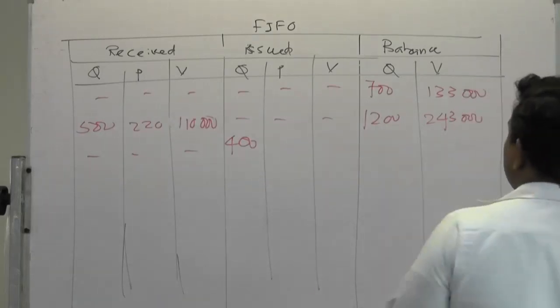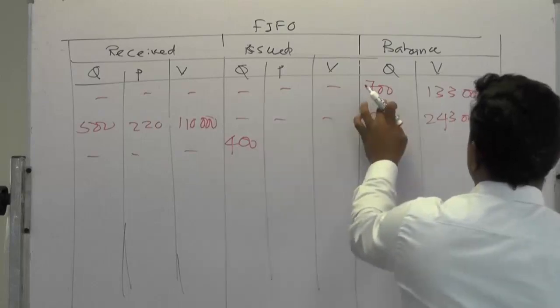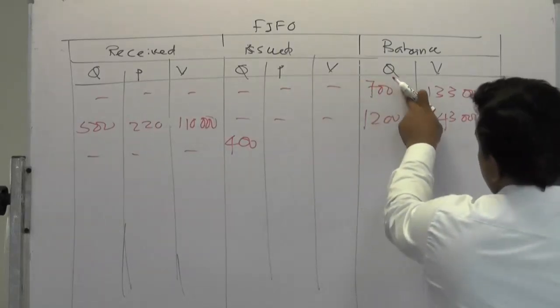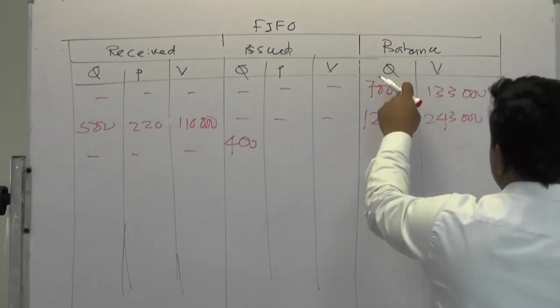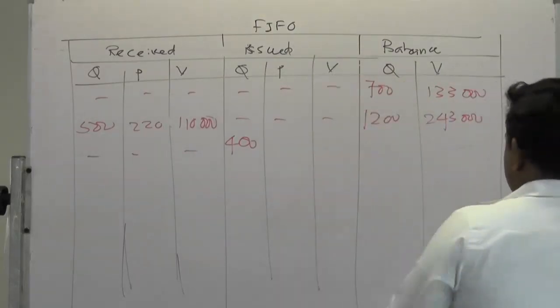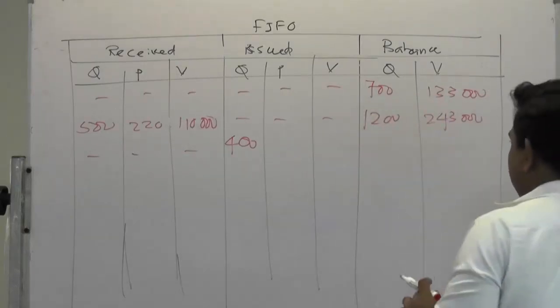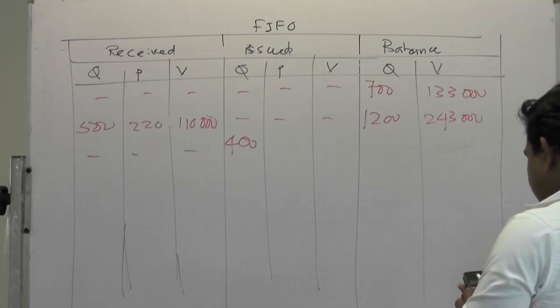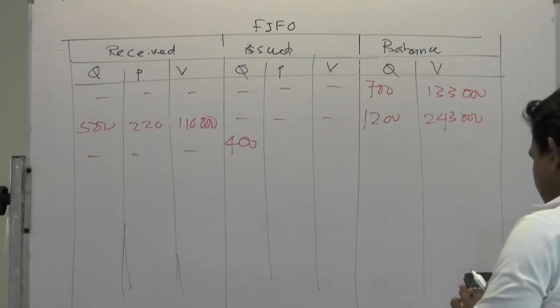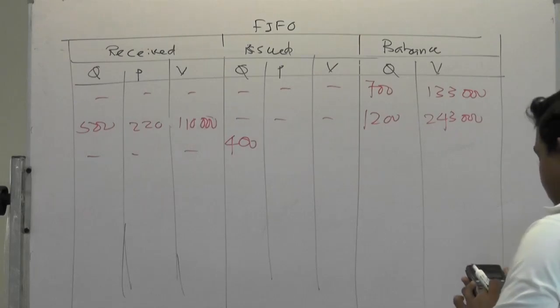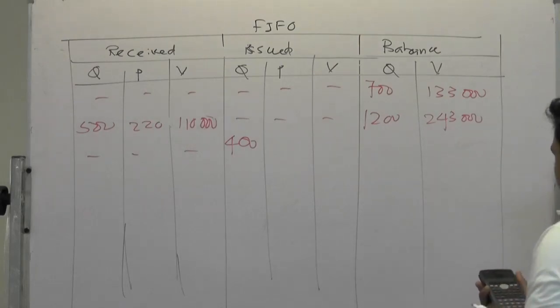Therefore you have to issue the entire 400 from here, because the entire 400 you can take from the first in, because this is the first in, therefore you can take it out. Now the entire 400 can be priced using 700 and 133,000.